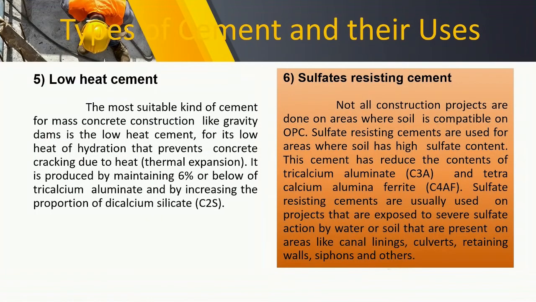Number 5. Low-heat cement. The most suitable kind of cement for mass concrete construction like gravity dams is the low-heat cement for its low heat of hydration that prevents concrete cracking due to heat or thermal expansion. So, kaya ginagamit yung low-heat cement sa dam kasi yung hydration nun is 20% lesser than OPC cement.